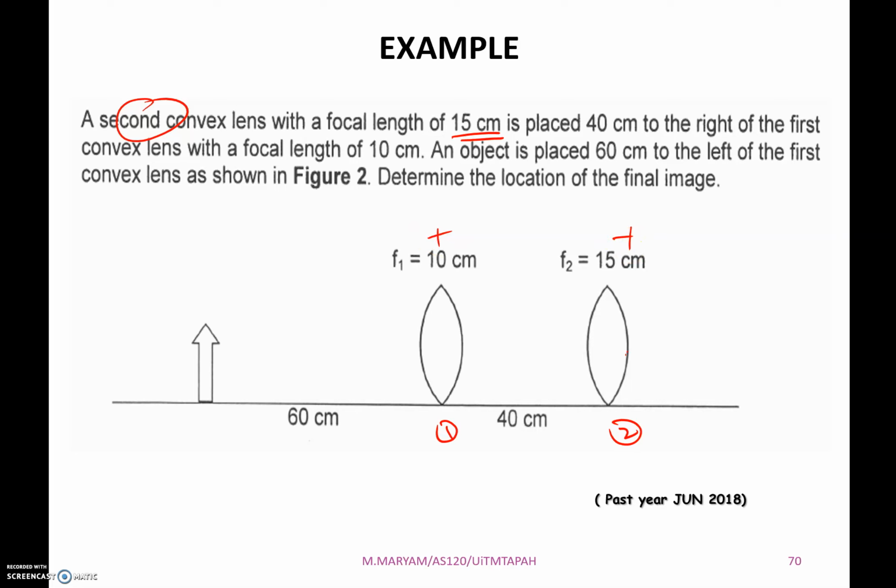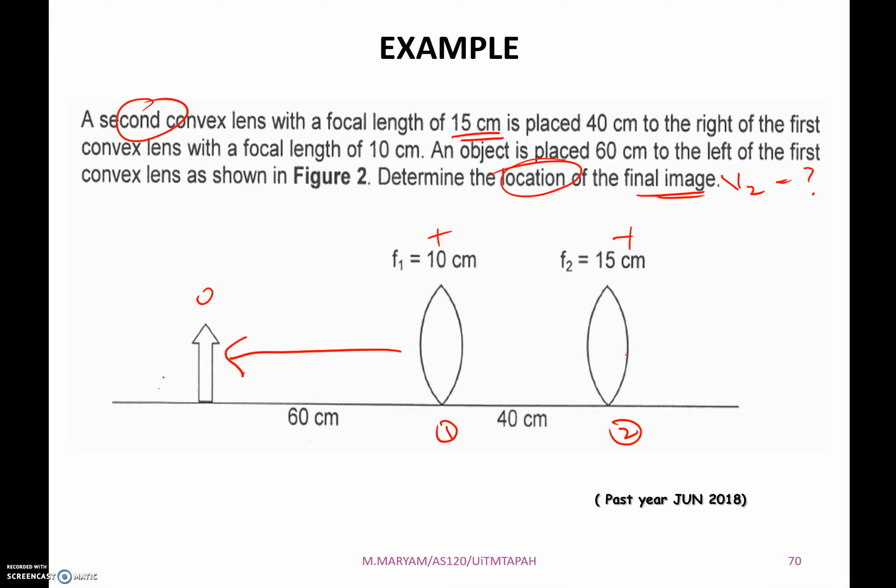An object is placed 60 centimeters to the left of the first convex lens. So to the left, 60 centimeters, this will be the object. Determine the location of the final image. So you need to find v2. Location meaning they only want v2. It does not mention that they want the magnification or the characteristics, so just find v2.